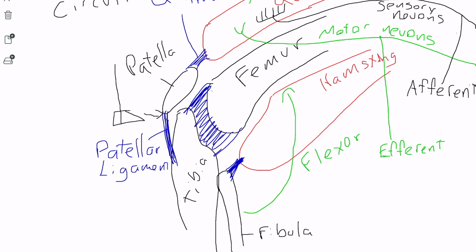There you go. And so the first thing that happens is information comes into the body through the afferent neurons, or afferent fibers. And then that gets processed usually in some way in the central nervous system. Sometimes that involves the brain, sometimes it doesn't involve the brain.